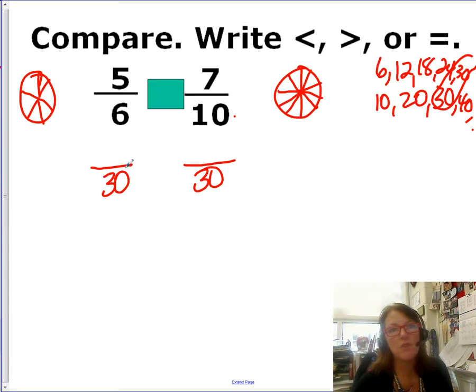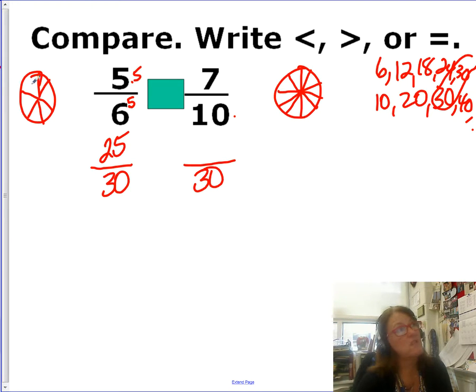There's the first one, or the lowest common denominator. Okay, how many 30ths would 5/6 be? Times 5, times 5. Okay, so 5/6 would be the same as 25 out of 30.